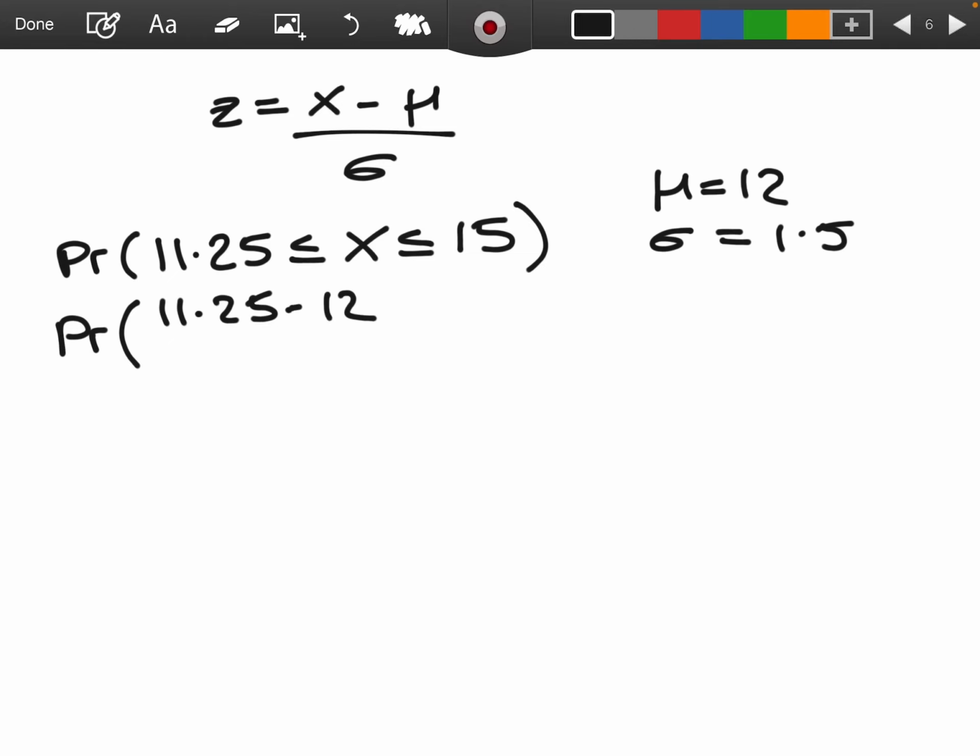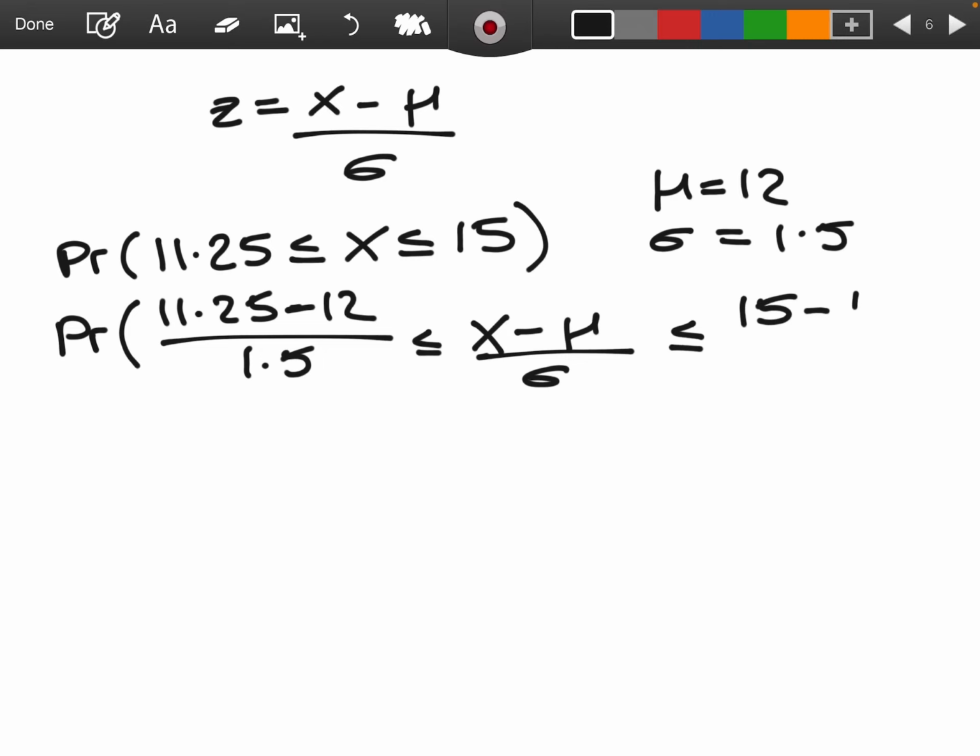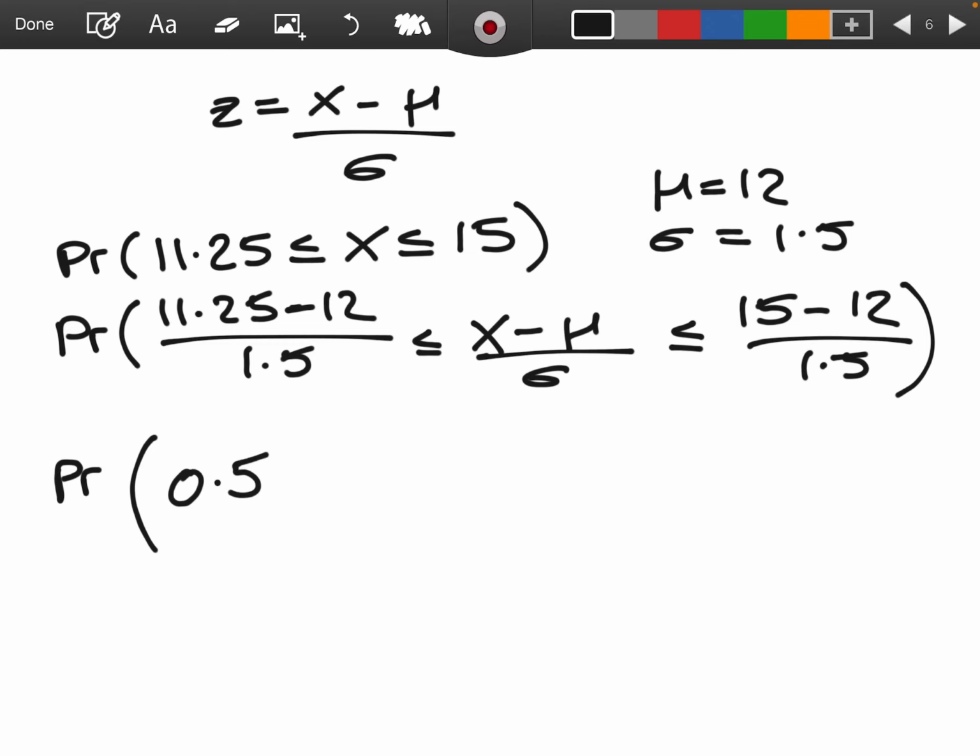So that would be 11.25 minus the mean of 12 divided by my standard deviation of 1.5, x minus the mean over the standard deviation, and 15 minus 12 over 1.5. 11.25 minus 12 is negative 0.75. Negative 0.75 divided by 1.5 is negative a half, negative 0.5.